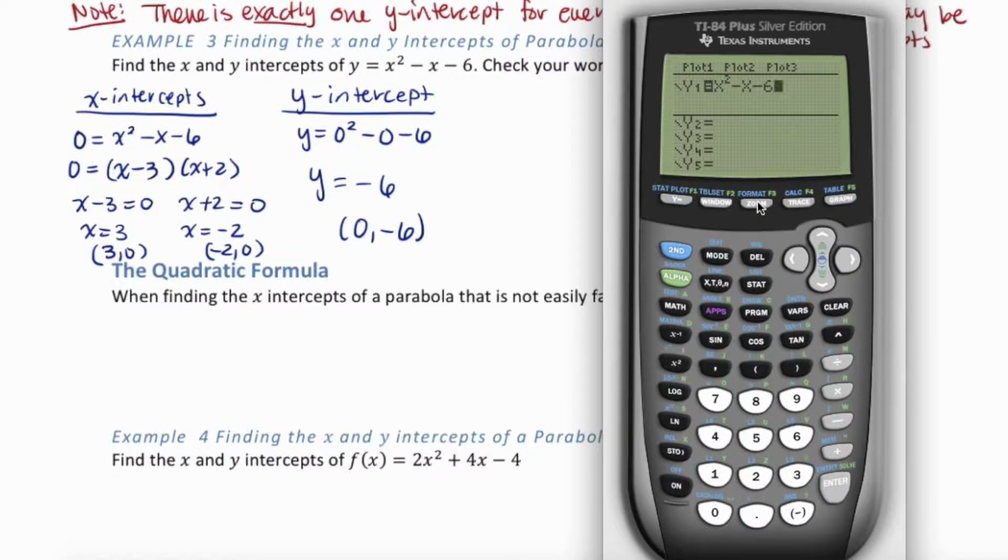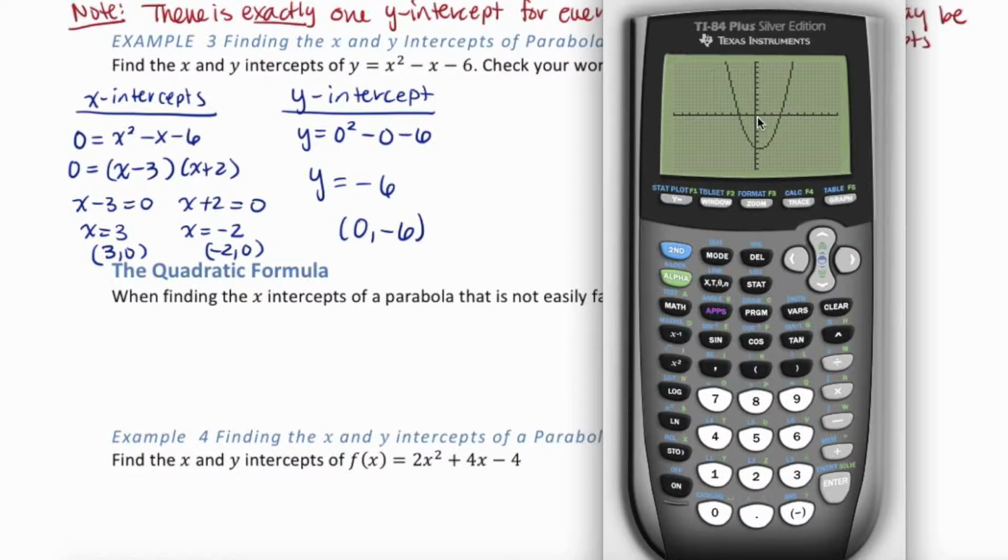And to make certain you're in a standard window, you can click the zoom button, and number 6 will get you to a standard window, which means you'll have a minimum x value of negative 10, a maximum x value of positive 10. And similarly for the y-axis, you'll have a minimum of negative 10, a maximum of positive 10, and each of these little hash marks represents one unit.